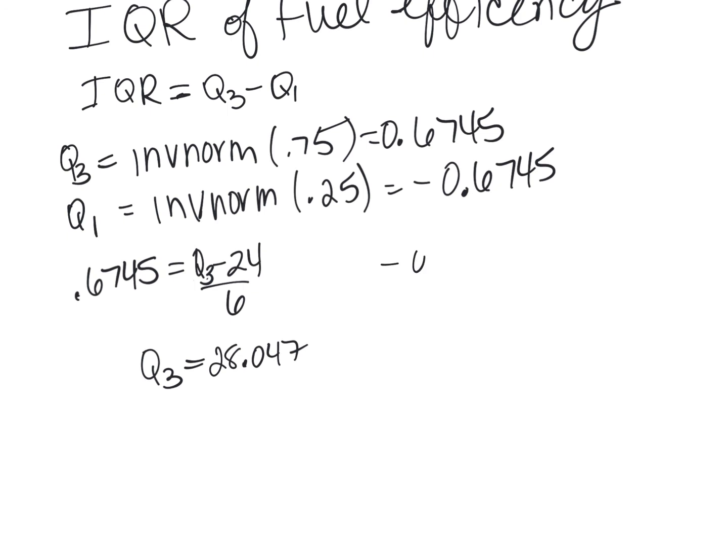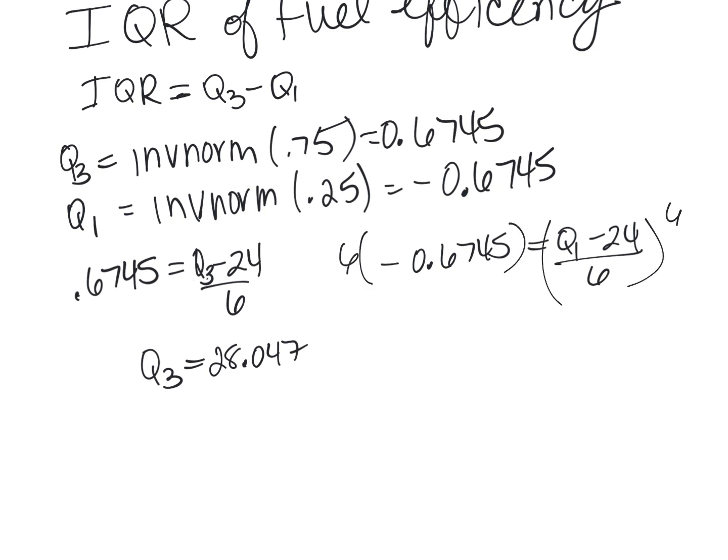So Q1, multiply by 6 and add 24, and I get Q1 equals 19.953.